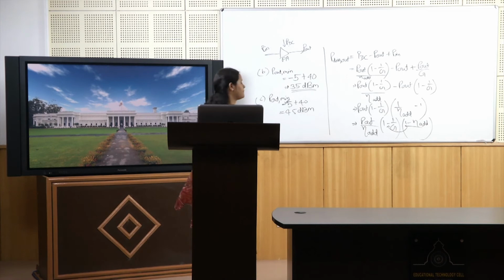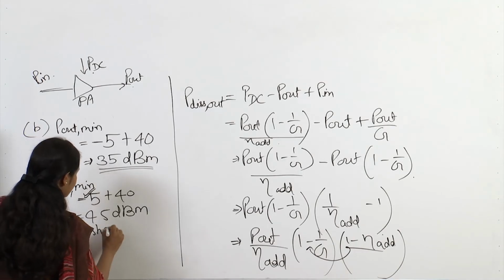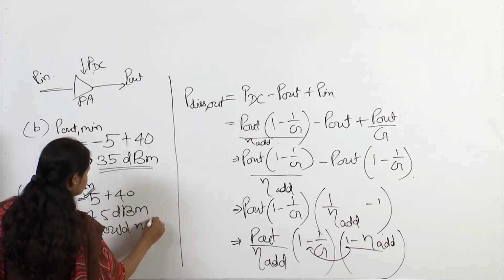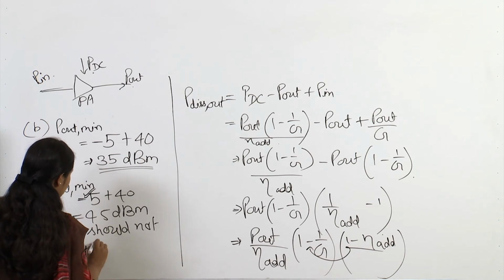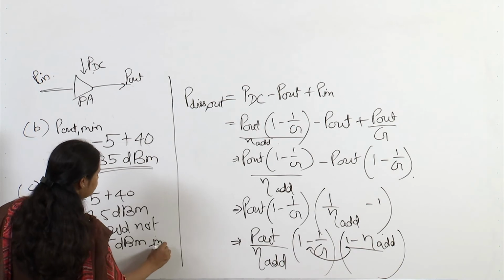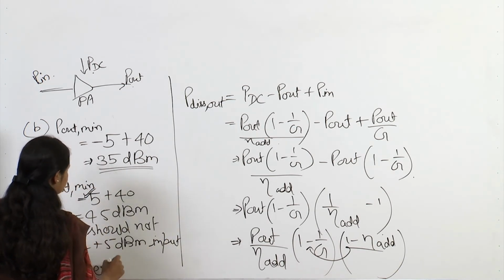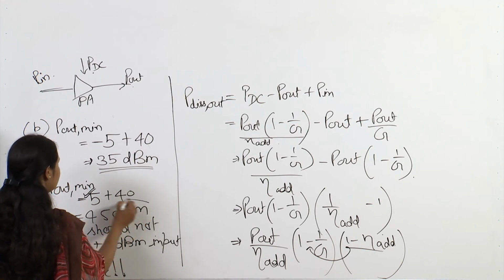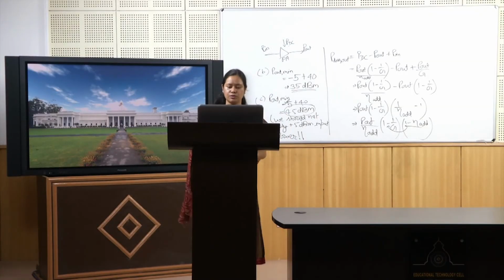So we should not apply plus 5 dBm input power, because it may burn, we might not get this power and we will lose our device. So no, it is not advisable that we apply this power at all.